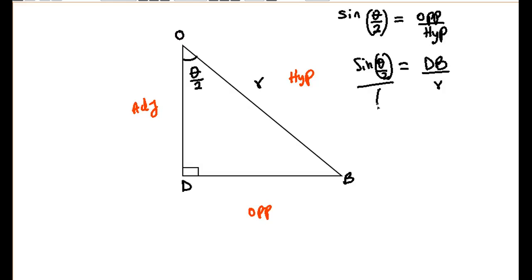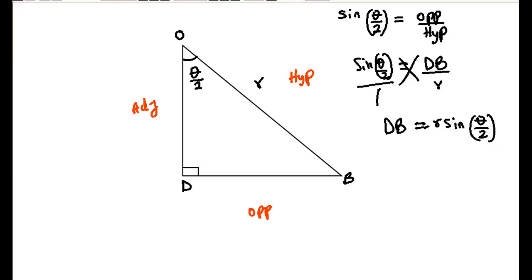Let's put it over 1, cross and multiply. DB times 1 is DB, equals R times sine theta over 2. So DB has been gotten as R sine theta over 2.